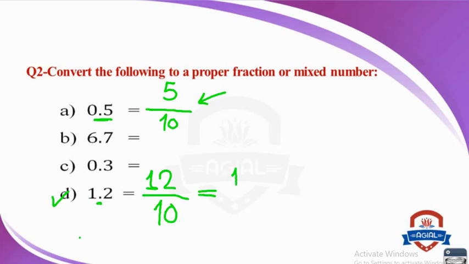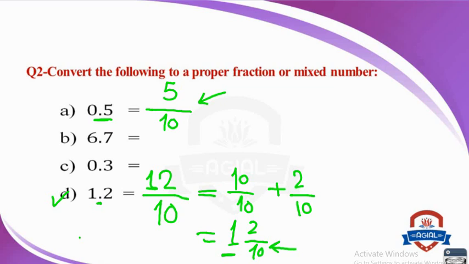So I write 10/10 plus 2/10. That's right? Yes. So 10/10 equals 1, and 2/10. It's a mixed number because I have a whole number and a fraction. I think B and C are very easy. Try to solve them by yourself.